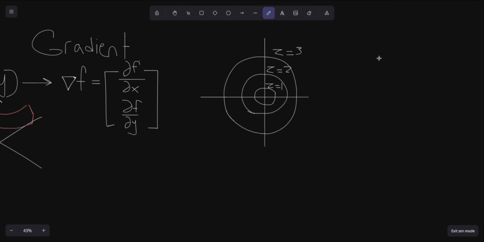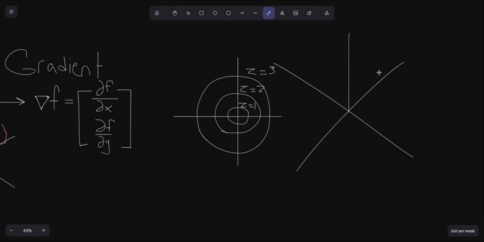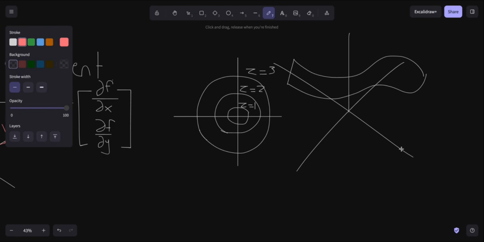And if you have a function, let's say it looks something like this. That's our function. Well, one question to ask ourselves is, when is the height of this function 2? The set of all points on this function where the height is 2 is going to be represented in your contour plot.